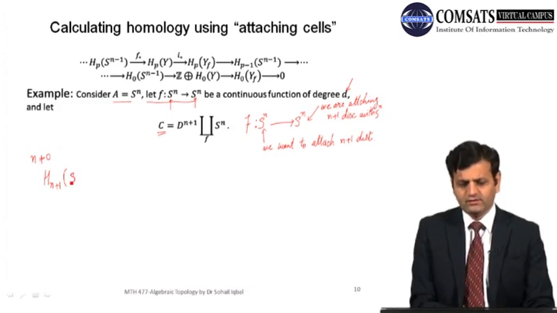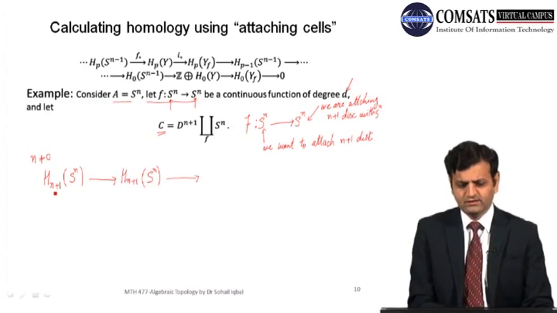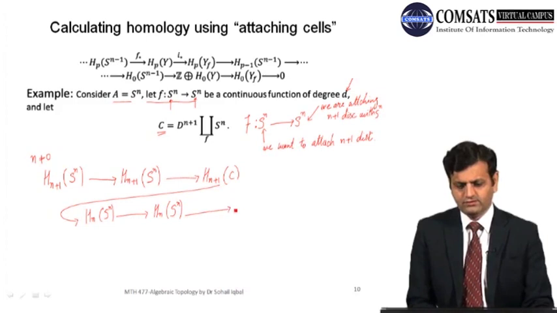This map F is from Sn to Sn, and of course this Sn and this n are the same, so we are calculating the homology of this C for this special index. So this goes to H n plus 1 of C, and this goes to H n Sn, this goes to H n Sn, and this goes to H n C, and this goes to H n minus 1 Sn, and so on.